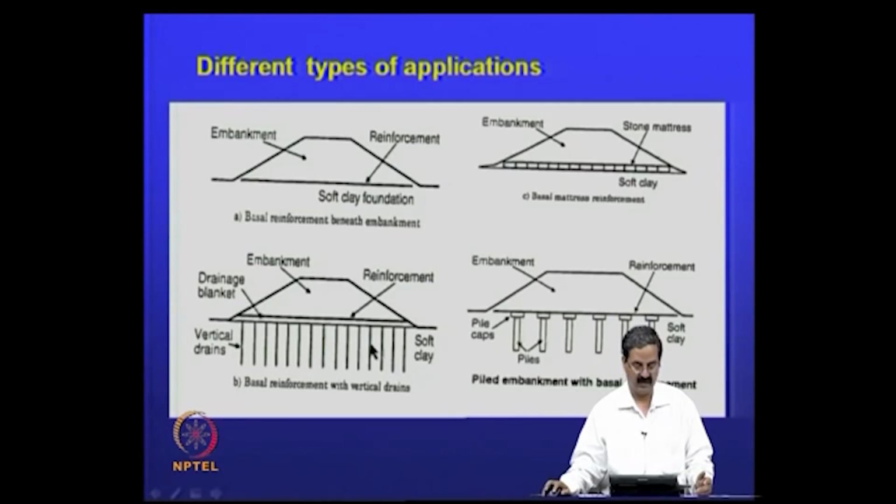That is an advantage here. Then another one is called a geocell embankment, and I will show you some figures, where a stone matrix material is kept in cells along the length of the embankment.